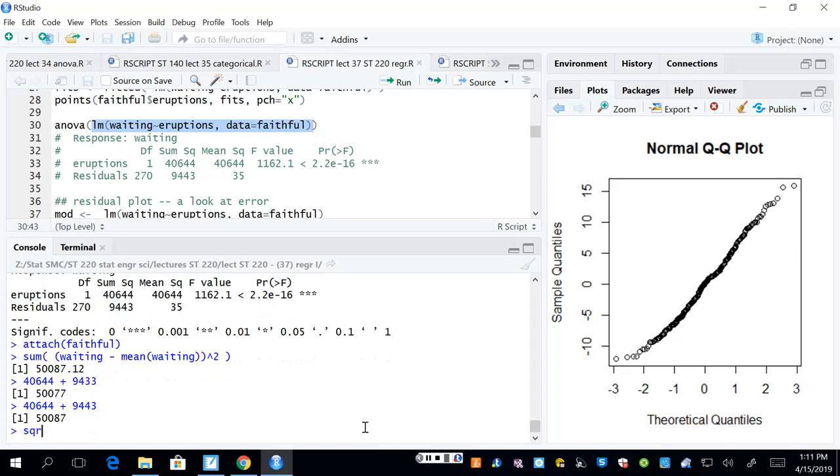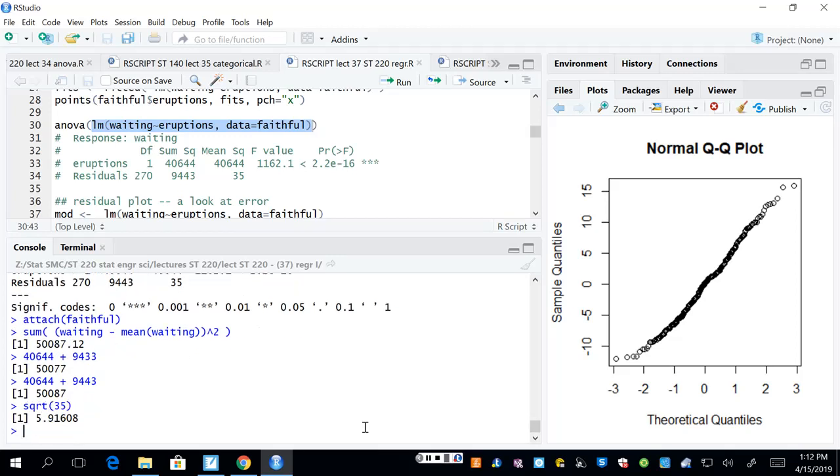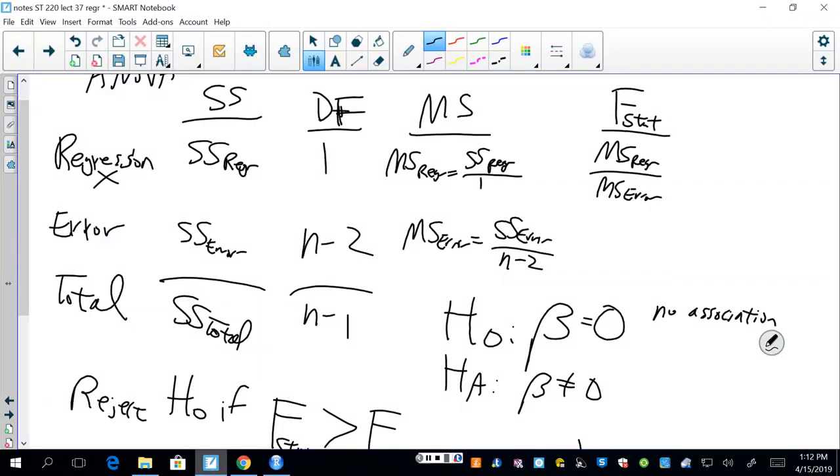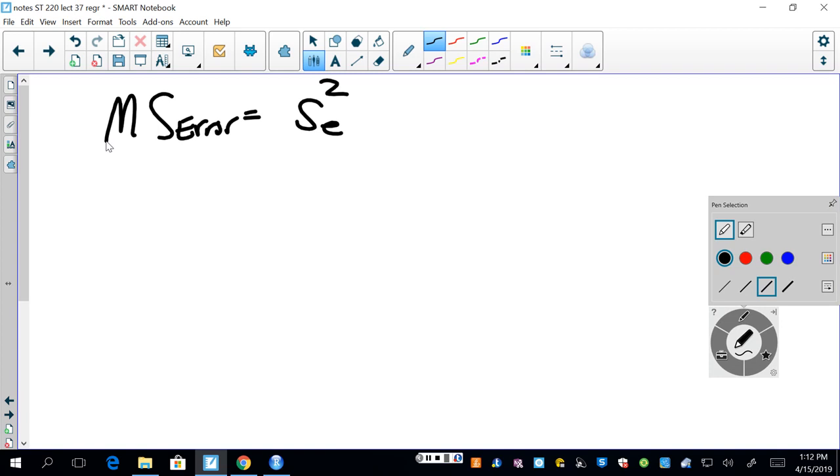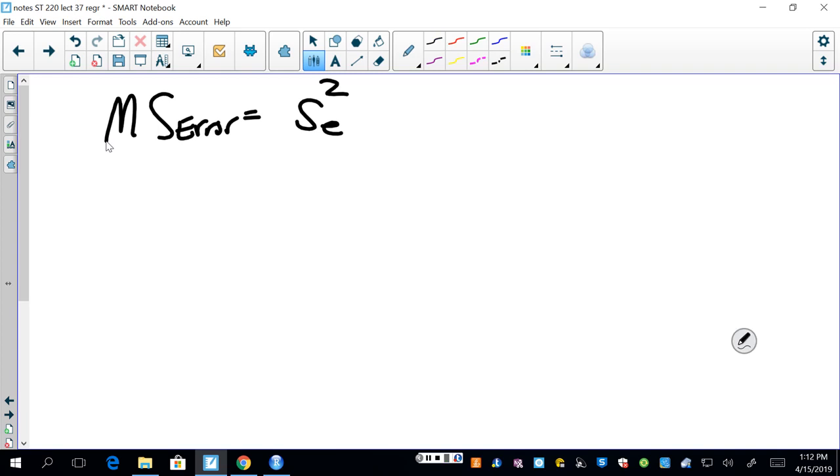At 35, that is about our sigma value. It turns out that this mean square error is the square of the residual standard deviation.